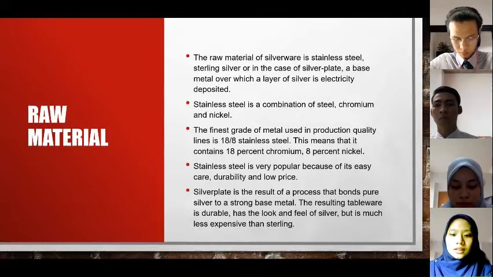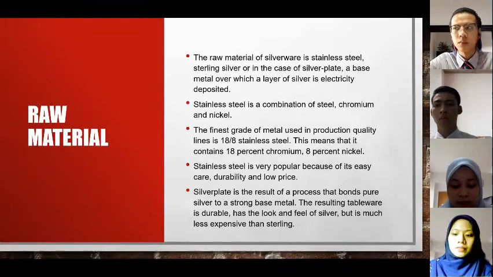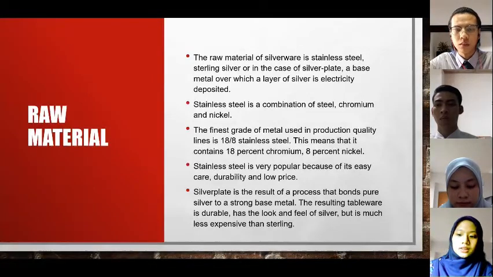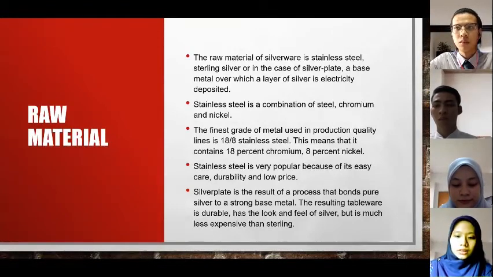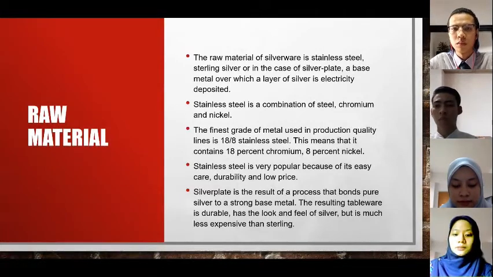This means that it contains 18% chromium and 8% nickel. Fourth, stainless steel is very popular because of its easy care, durability, and low price. And last one, silver plate is the result of a process that bonds pure silver to a strong base metal. The resulting tableware is durable, has the look and feel of silver, but is much less expensive than sterling.